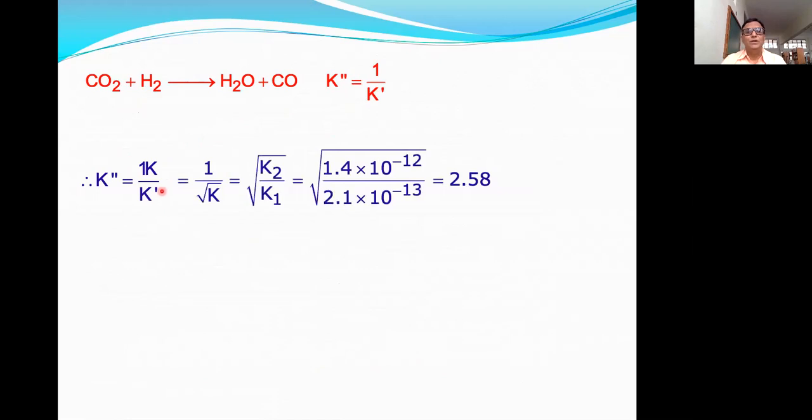So that is equal to 1 upon square root of K, that is equal to square root of K2 by K1. You substitute the values of K1 and K2. So you can write as square root of 1.4 into 10 raised to minus 12 divided by 2.1 into 10 raised to minus 13. If you simplify it, you will get the answer as 2.58.